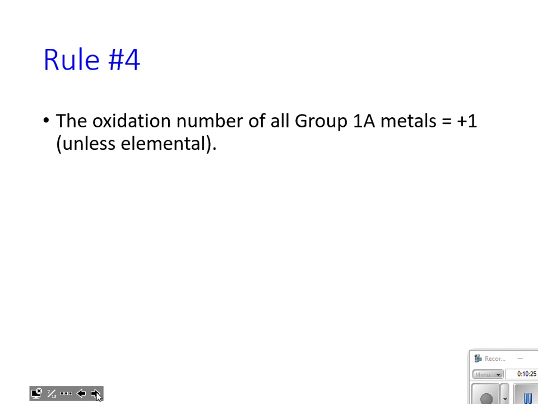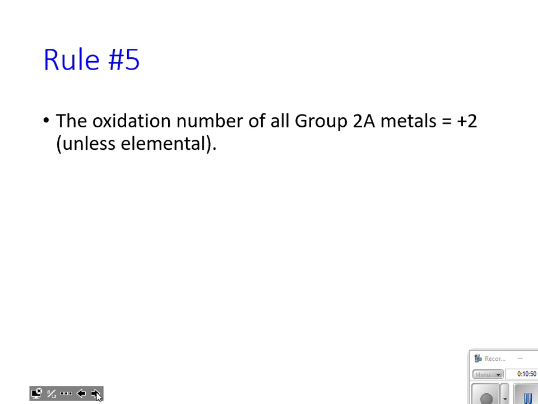Is hydrogen even a metal? No, it is not. Hydrogen is not a metal. So, could hydrogen be +1? Yes. I'm not saying that hydrogen couldn't be +1, but what I'm saying is hydrogen is not a group 1A metal. So it's not a group 1 metal.